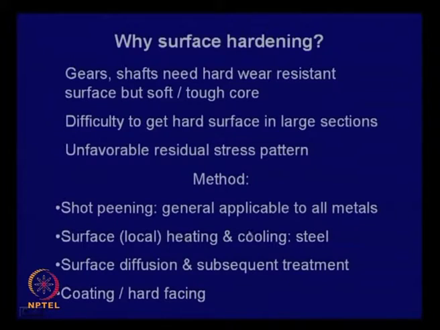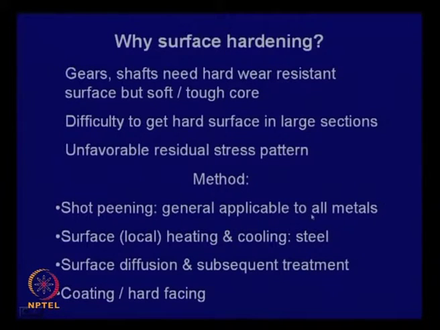Now, how can we do surface hardening? There are several methods. We will not go through all of them, and I am told there is a separate course on surface engineering. So, we will talk about some of these which are related to steel. Some of those listed is shot peening. It is a general method, applicable to all metals.